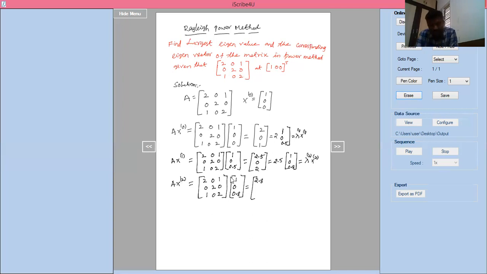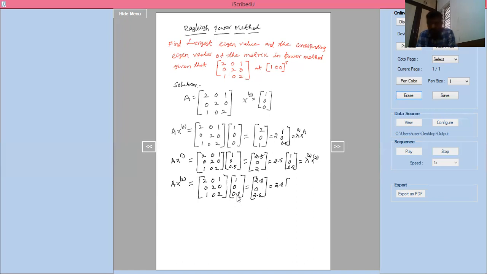Next, 0 into 1 is 0, 2 into 0 is 0, 0 into 0.8 is 0, so 0. Then 1 into 1 is 1, plus 0 into 0 is 0, plus 2 into 0.8 is 1.6, which adds up to 2.6. Here the largest value is 2.8.